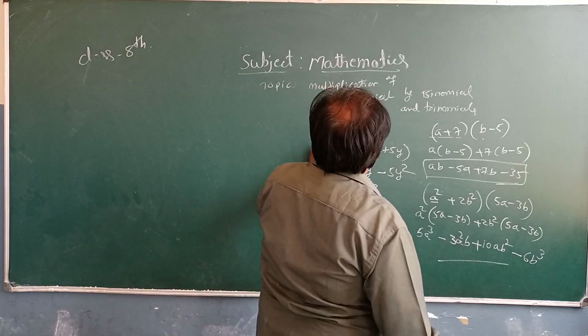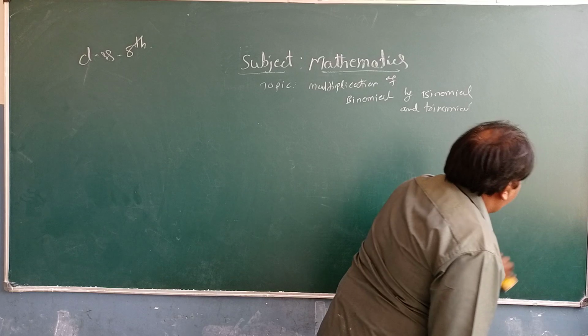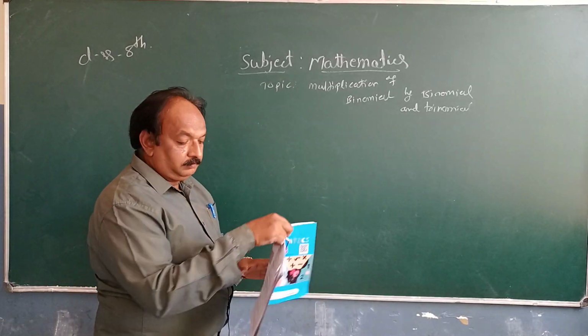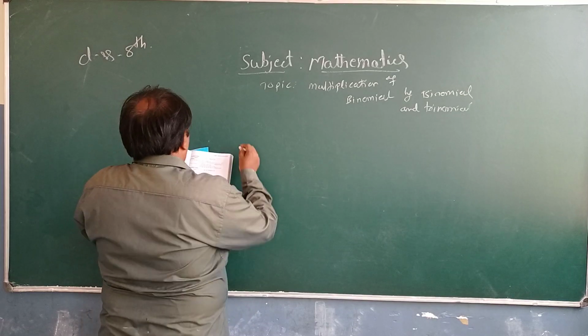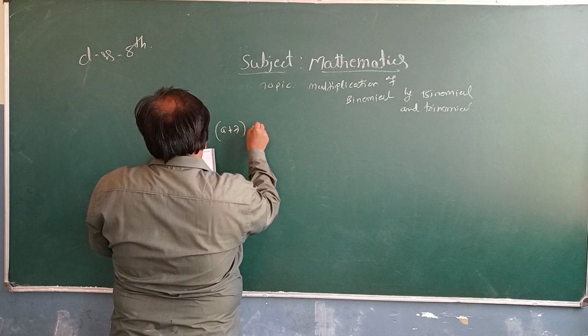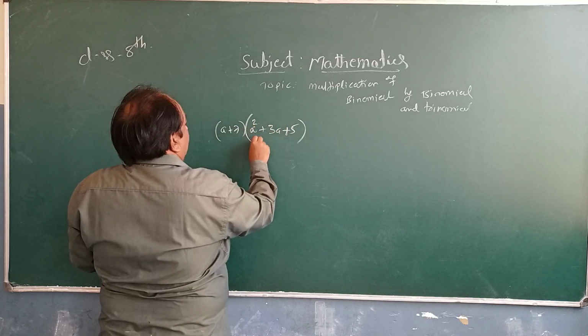Next, solve some more problems. a plus 7 into a square plus 3a plus 5.